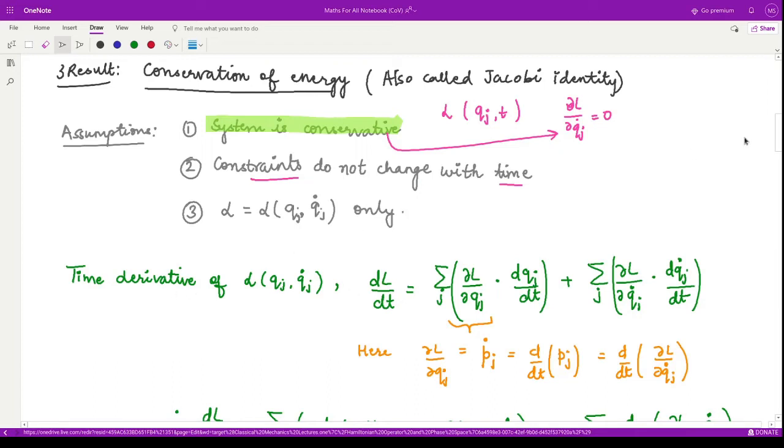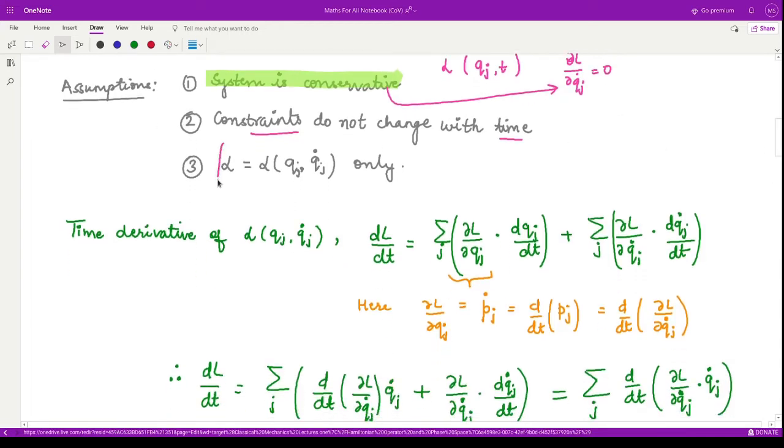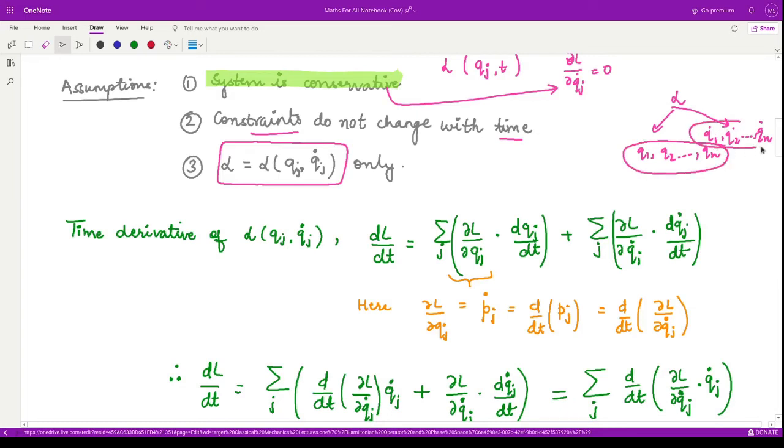Now let us take the derivative of this Lagrangian. Because this is a function of q1, q2 up to qn, and correspondingly also a function of q1 dot, q2 dot up to qn dot, where these are the generalized coordinates and these are the generalized velocities, we are to take the complete derivative of this Lagrangian with respect to time.